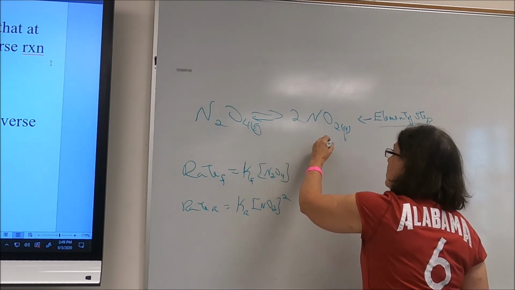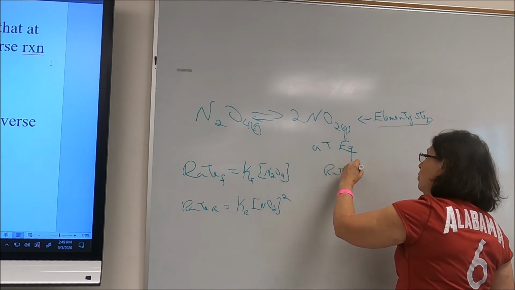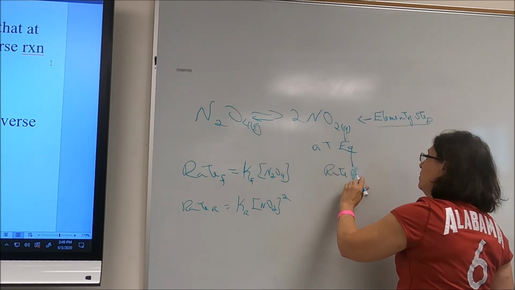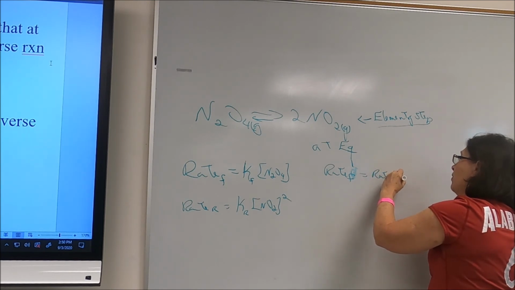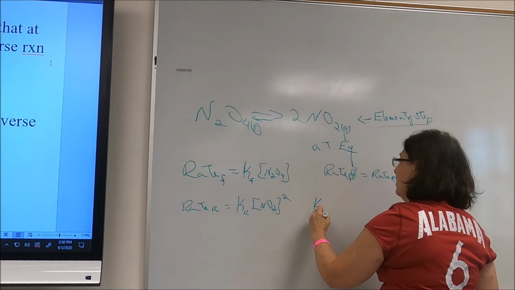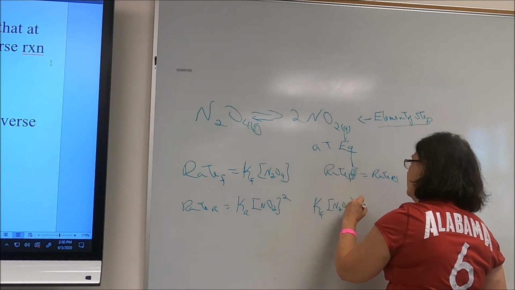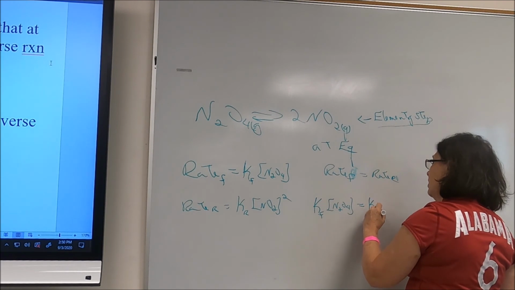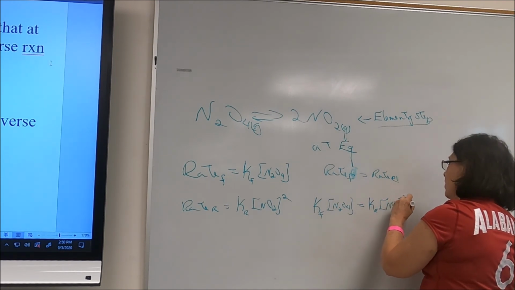Now, at equilibrium, rate forward is going to equal rate reverse. So I can say that k forward times N2O4 equals k reverse times the NO2 concentration squared.